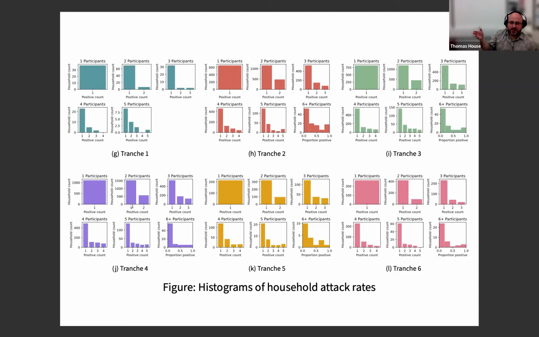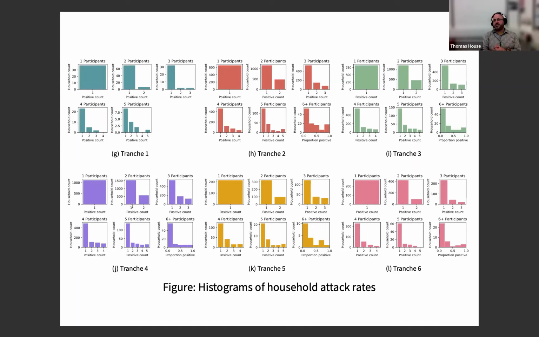And because we follow them up a few weeks after the tranche when we do the final analysis, we attribute each household to the tranche where its first infection came in. Then if there are subsequent ones that take us outside that time period, they're allocated to the main tranche, right?